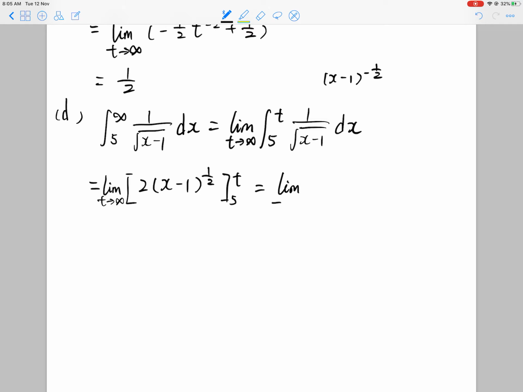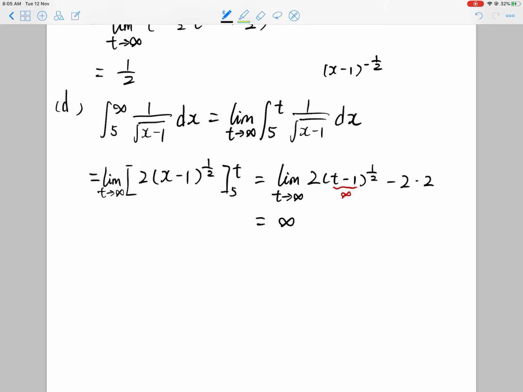So its limit is 2 times t minus 1 to the power of half, minus 2 times 2, since when you sub 5 in, it's 2 times 2. But anyways, when t is approaching infinity, this part is approaching infinity, because the power is half, so the answer is infinity.